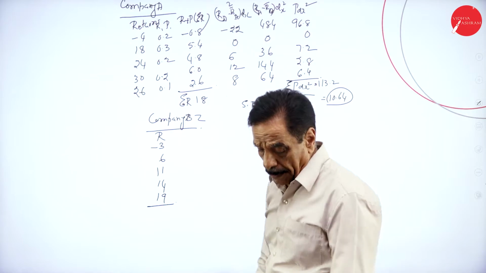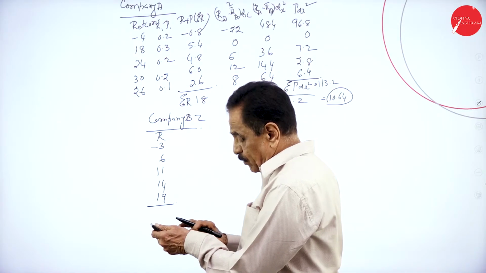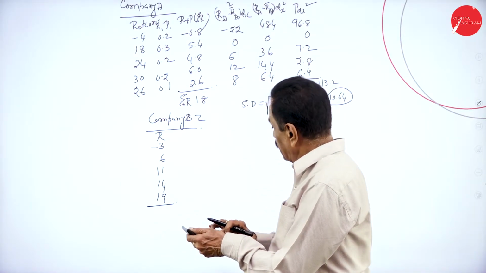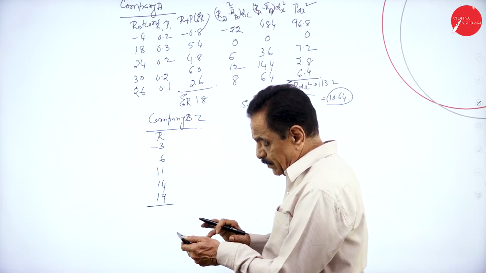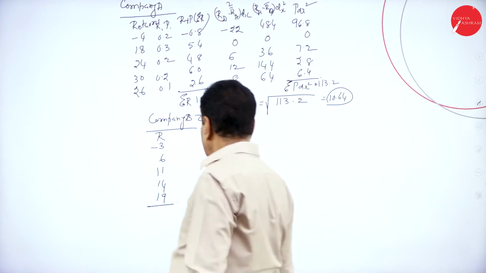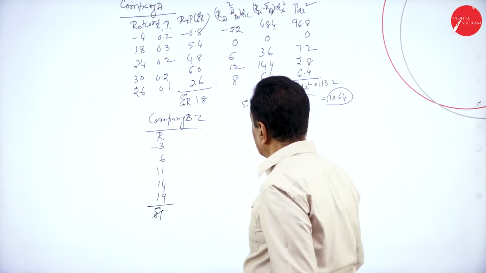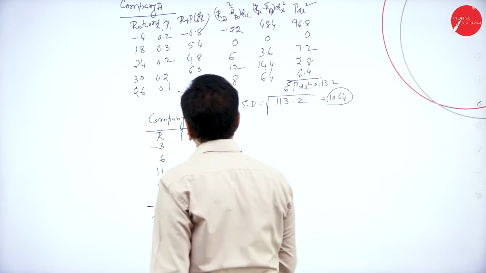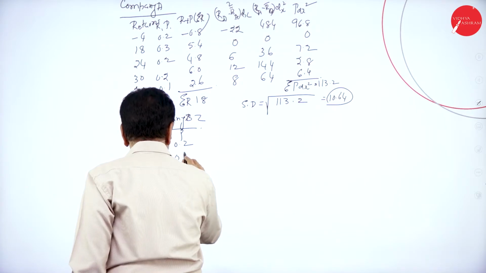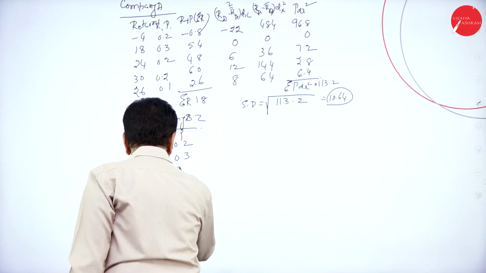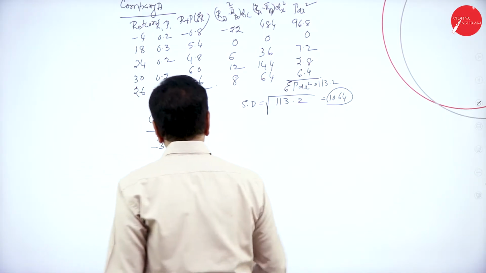Your probabilities, because probability is given, are 0.2, 0.3, 0.2, 0.2, 0.1. Then expected return.